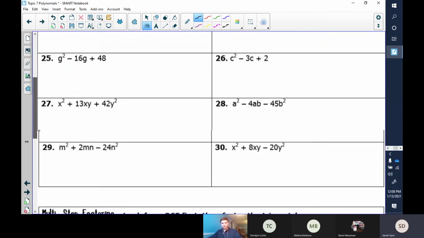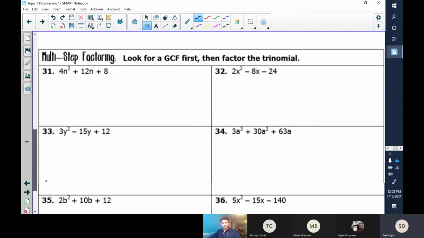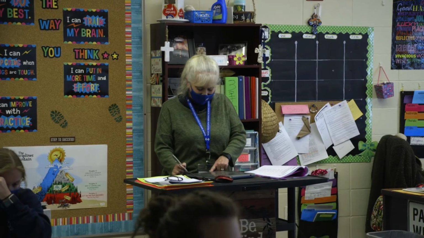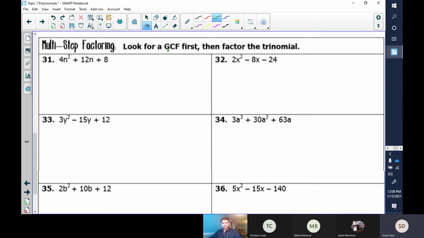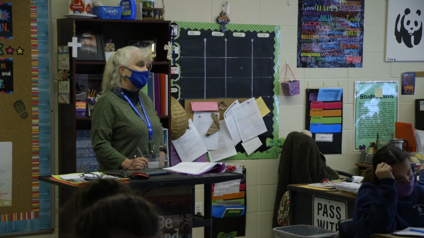Let's scroll down to the bottom of this page. You remember how I always tell you that we just add layer upon layer upon layer? So look at this one. Look for GCF first. As you're looking at 31, do you see a GCF? 4.